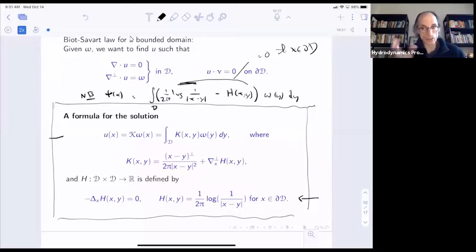And then I take the orthogonal gradient of that. I call that K of x,y, and this is my new Biot-Savart law.